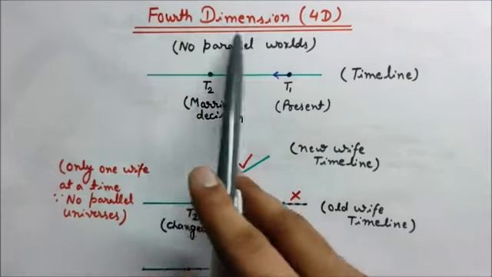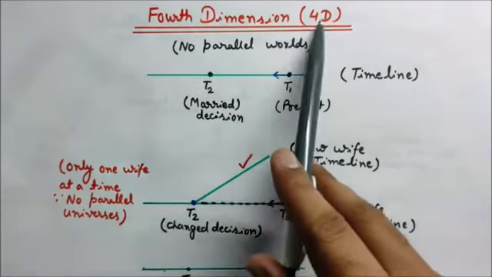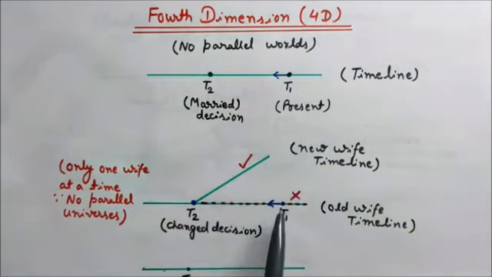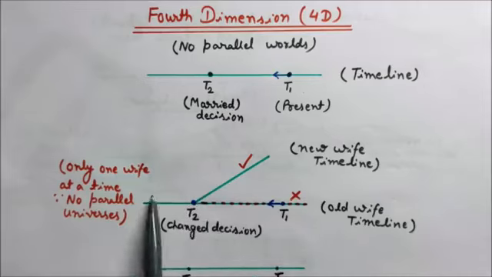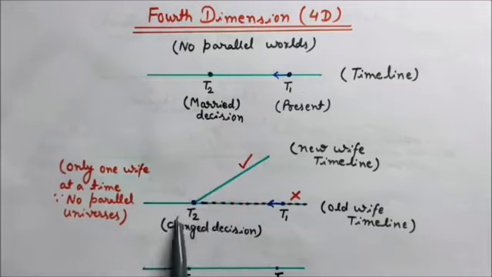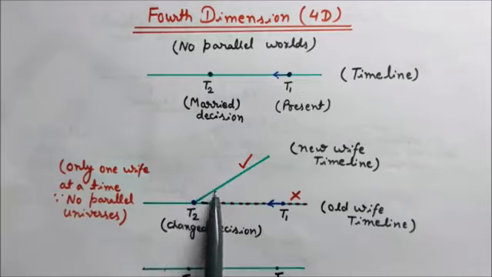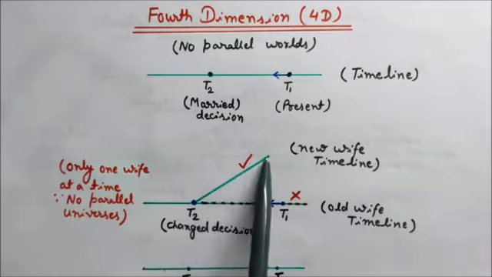But if we are fourth dimensional beings, as we are discussing here the fourth dimension, then it is possible for us to go back in time from time t1 to point t2 on this timeline and change the decision to marry another girl. You may change your decision and marry another girl at this point and start your new life, start your new timeline.